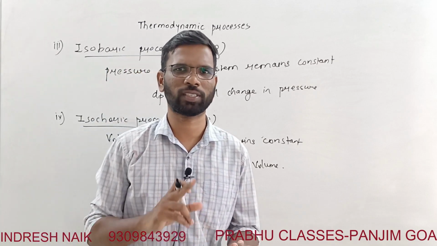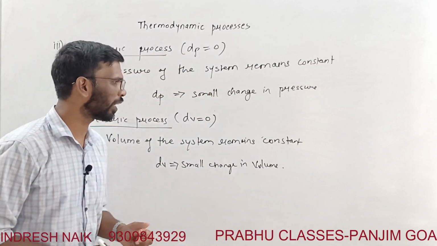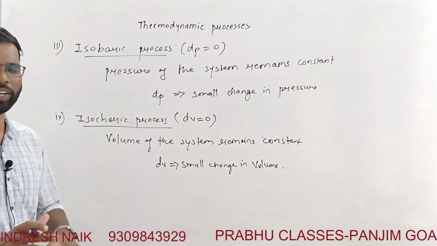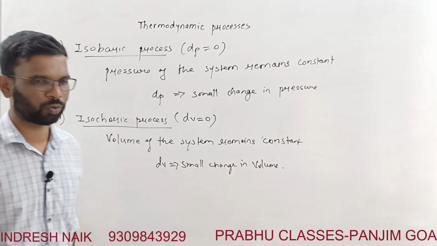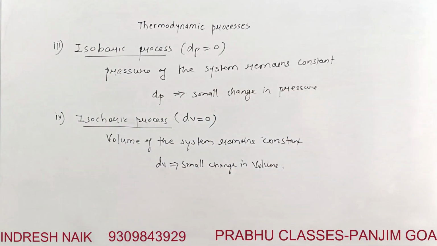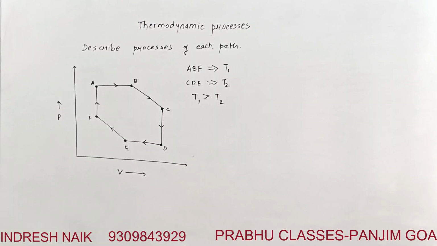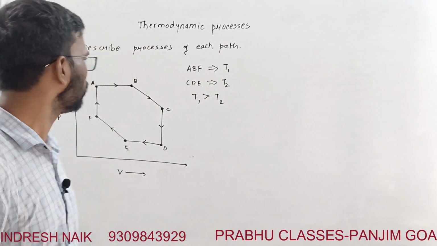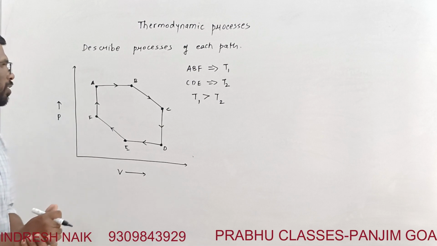There are more processes like cyclic and all. We can learn that. We'll take one example over here and we'll illustrate these processes. Let's understand this. Describe the processes of each path over here, which means what kind of process is this?